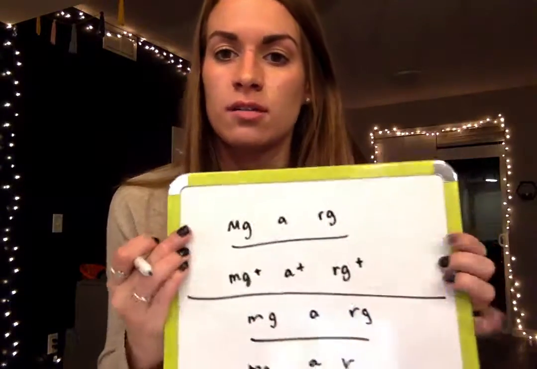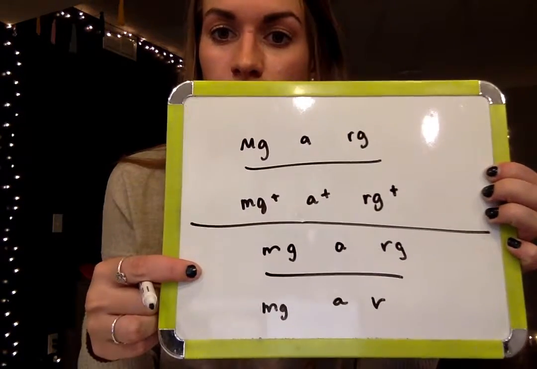And so it would be MG ARG over the wild type because it's heterozygous, and it would be crossed with a homozygous recessive, which is going to be MG ARG and MG-ARG. So you're going to be crossing this top one with this bottom one.